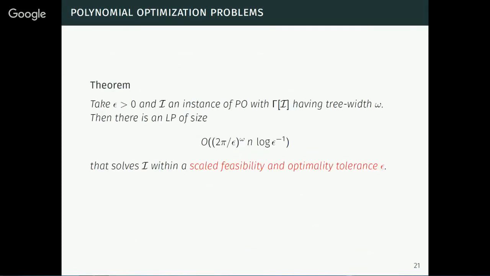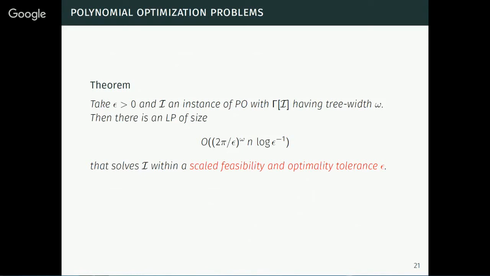So what we prove in this case is that if you do the same thing, you take the intersection graph of an instance, and that has treewidth omega, then you can actually have an LP of this size that now approximates the problem.